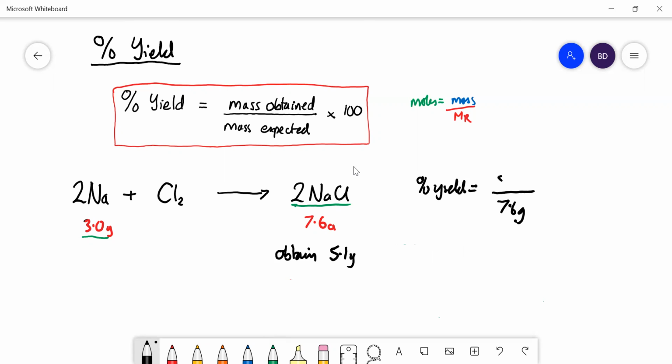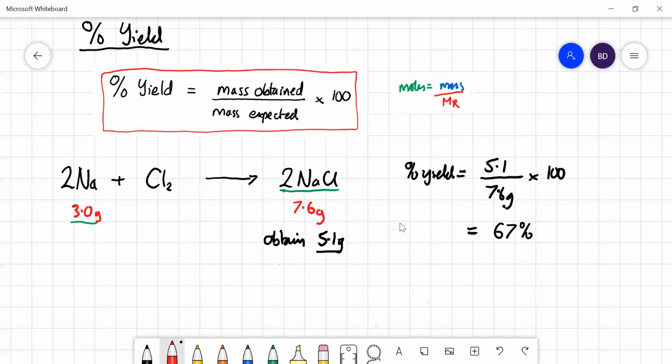So the amount we do get is 5.1 over 7.6 multiplied by 100. In that case, we will have got a yield of 67%, because we only got 5.1 grams and we were expecting to get 7.6 grams.